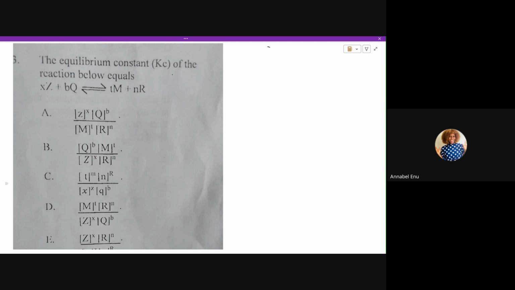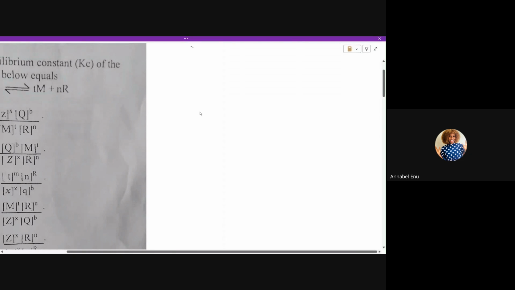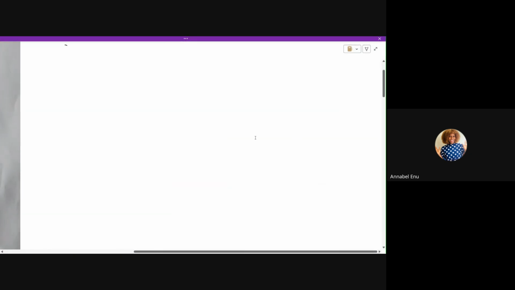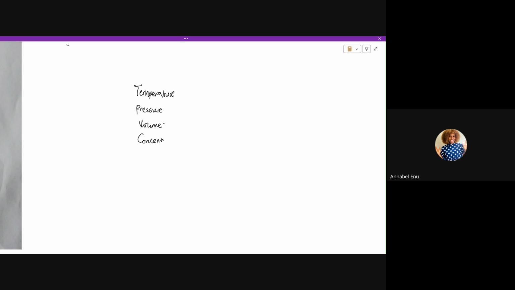I made mention that some factors that cause an equilibrium shift are temperature, pressure, volume, and concentration. These would affect or disturb equilibrium, causing a shift.